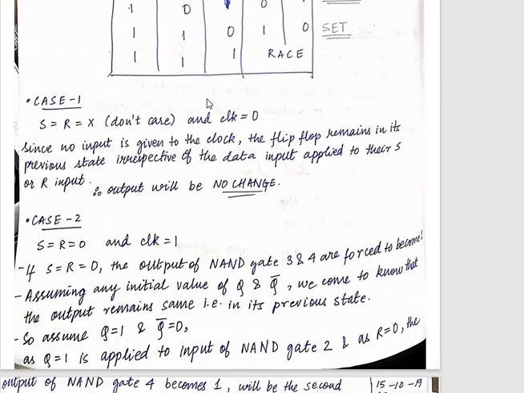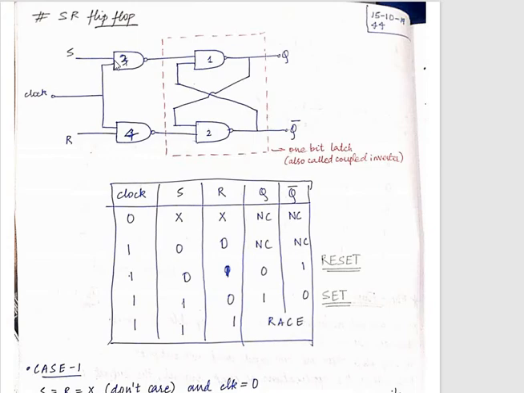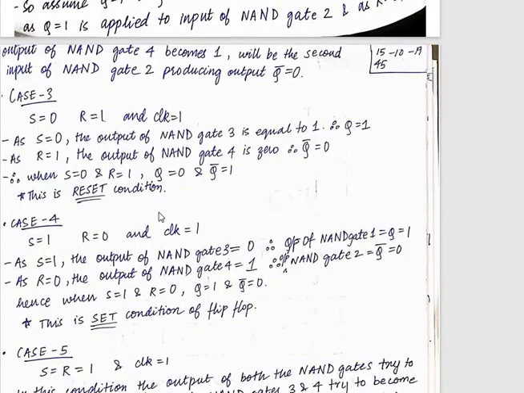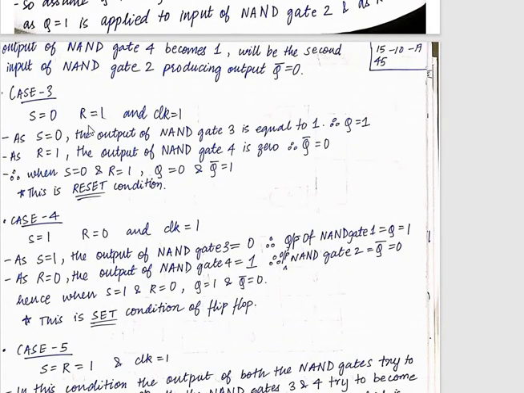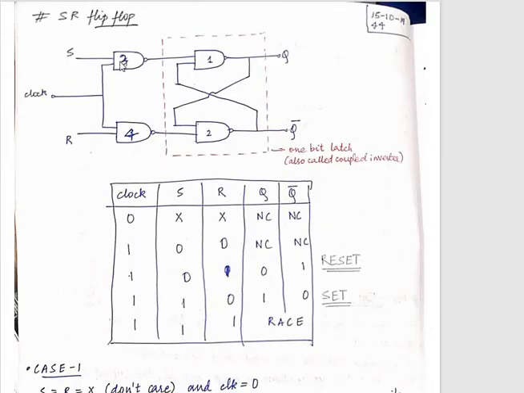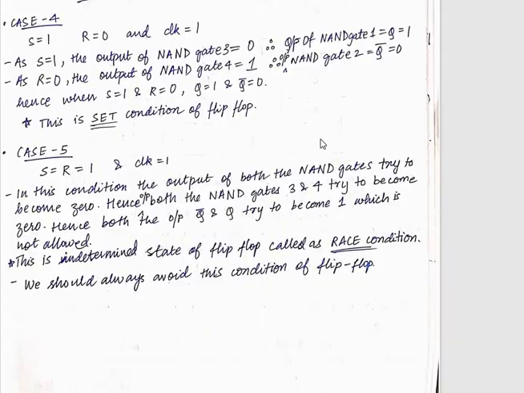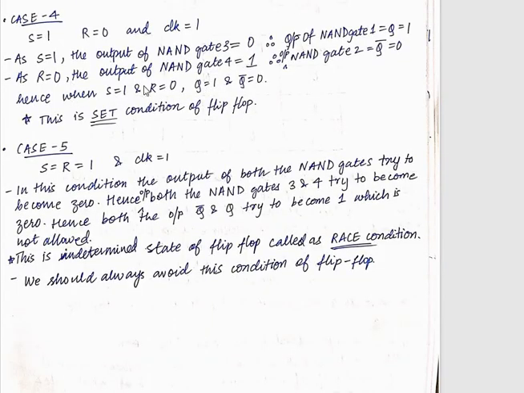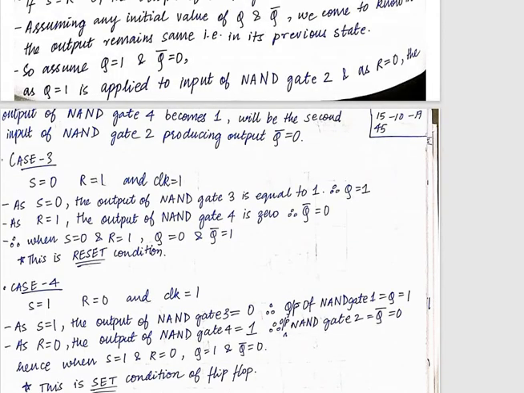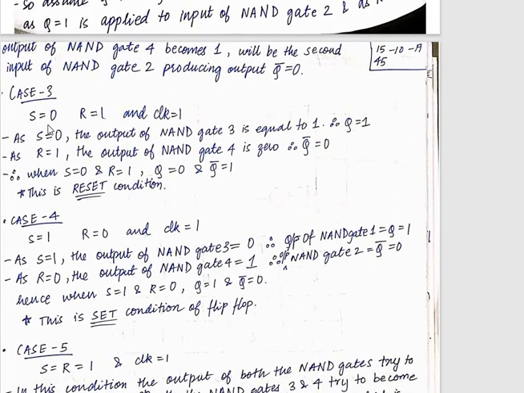So this will produce the output of 1, and then 1 at Q bar will give the output equals 0. So Q bar will be equal to 0 in this case, that is case number 3.